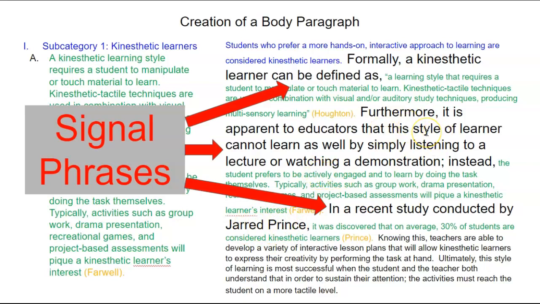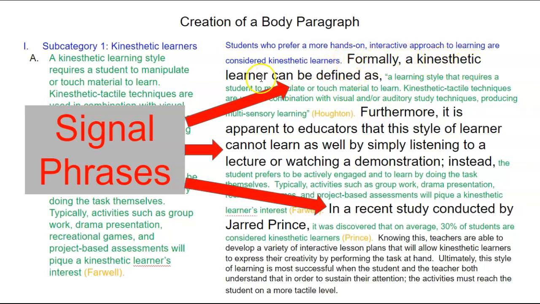Basically, instead of just dropping in the fact, you write some type of signal phrase, some type of transition that lets us know what we're going to be reading. So this part is a definition of kinesthetic learning. Instead of just dropping in this green part, a learning style that requires a student to touch or manipulate material to learn, I add in this signal phrase.